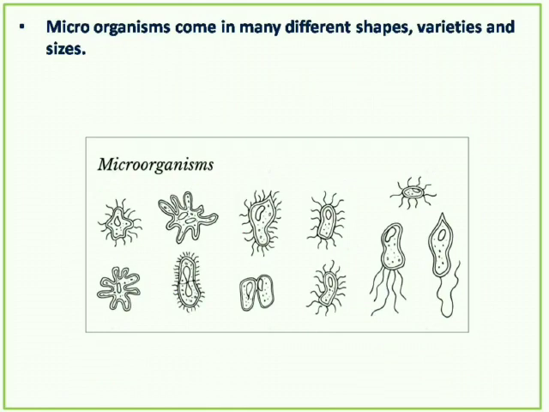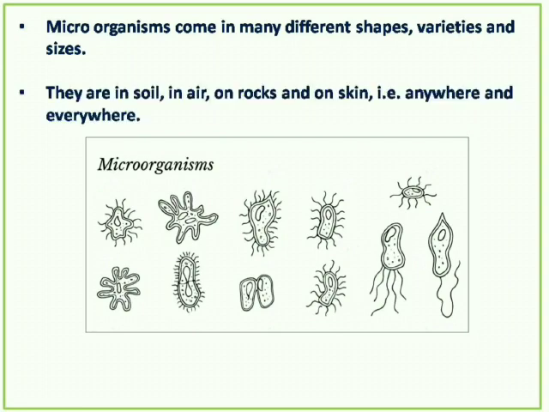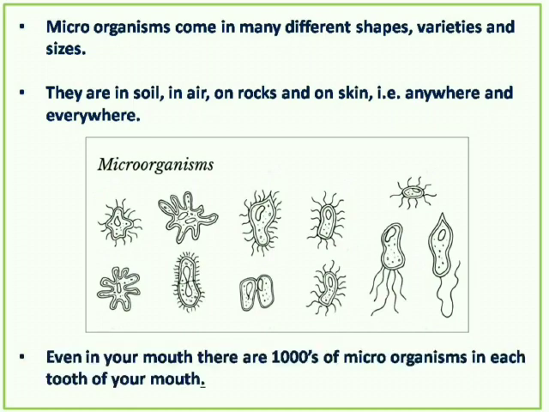Microorganisms come in many different shapes, varieties and sizes. They are in soil, in air, on rocks and on skin. That is, anywhere and everywhere. Even in your mouth. There are thousands of microorganisms in each tooth of your mouth.